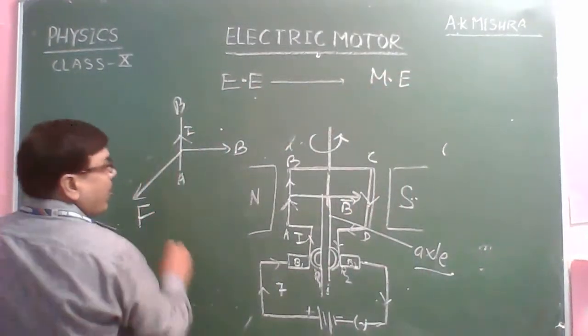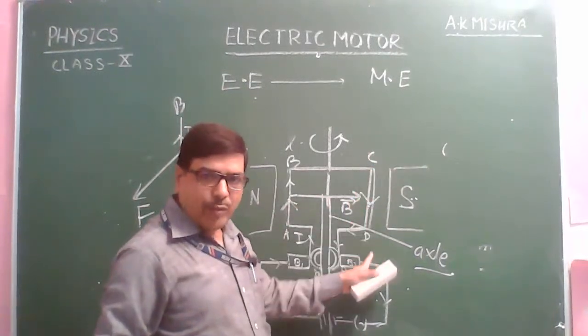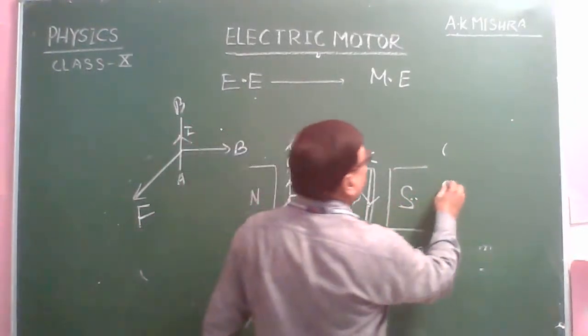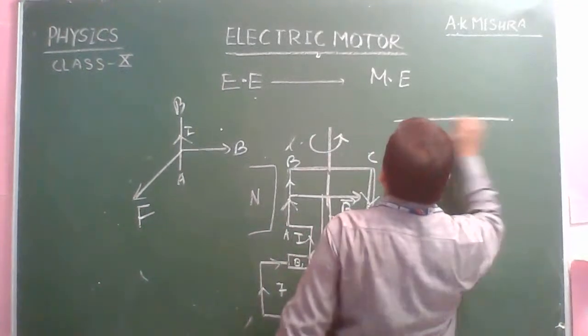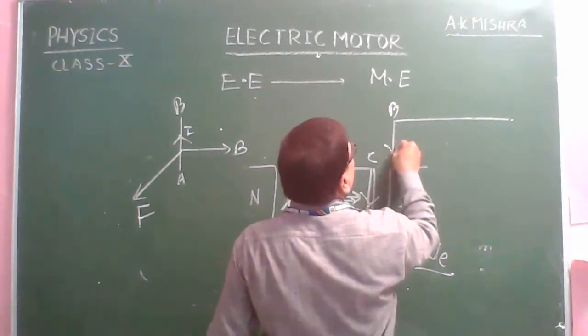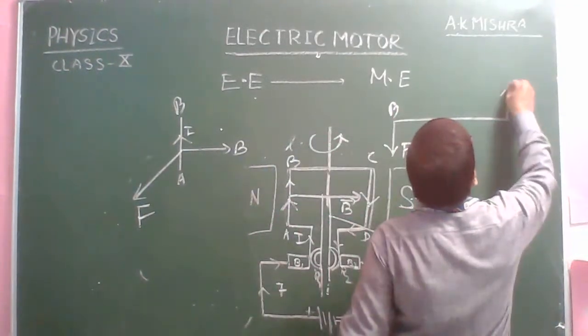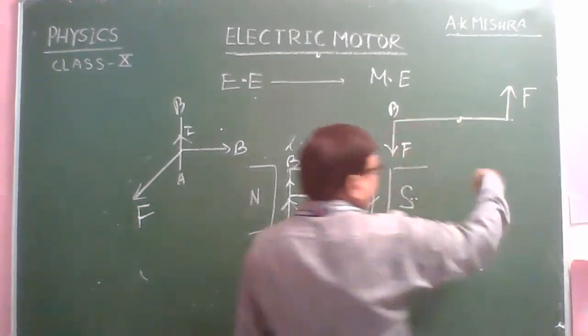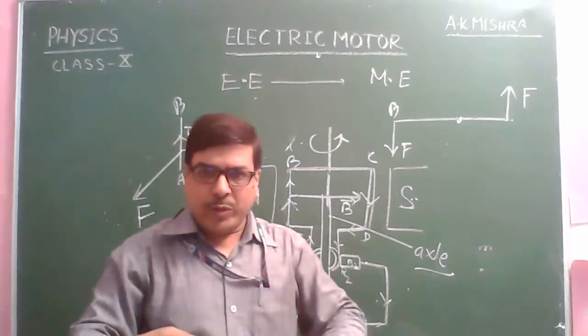And here when it comes out, the force is again downward here at B, and here at C the force is upward. Then a pair of forces.